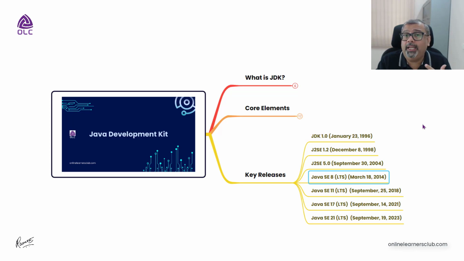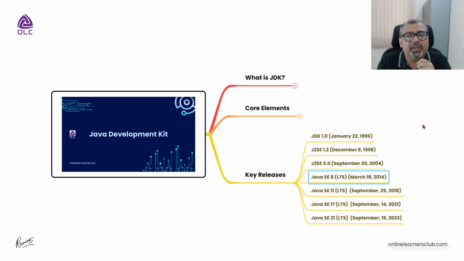In 2014, Java 8 was released, and that is when they started bringing another concept called LTS, which is long-term support releases. The LTS release of Java 8 brought loads of features and new concepts.